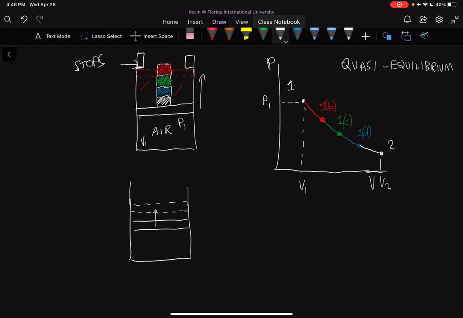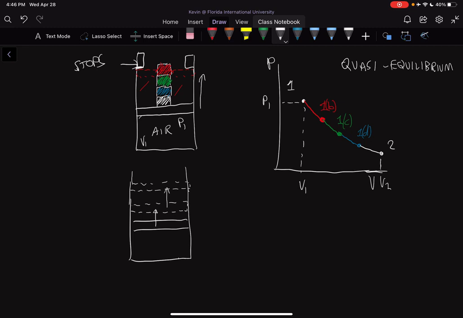And then you would move up one more time when you have 2 blocks left. You would move up to a new equilibrium again. And etc., etc. So you're going through different equilibriums where you can stop pretty much. And that's how we're going to analyze our problems in this class.